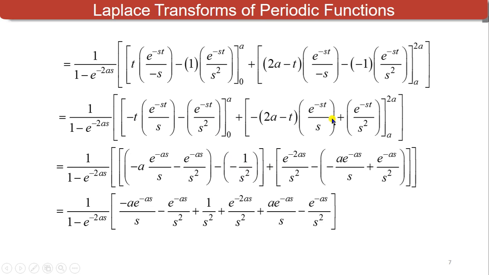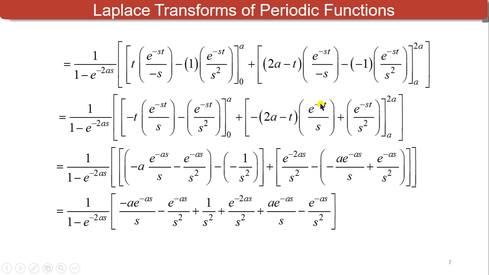Plus, substitute the upper limit value here, 2a minus 2a is 0, and 0 into anything is 0. Now for the second term, e power minus 2as by s square. Minus, for applying the lower limit, substitute the lower limit value. Here also we have 2a minus a. 2a minus a is what? a, right?